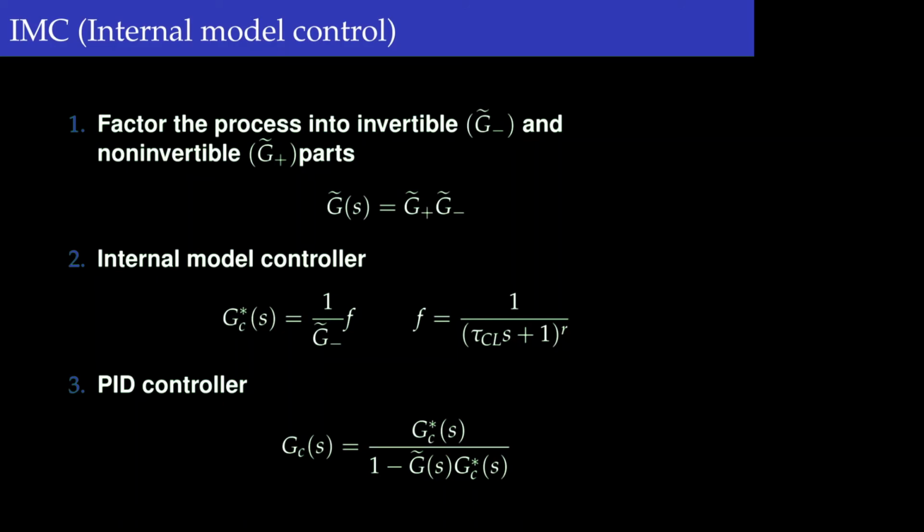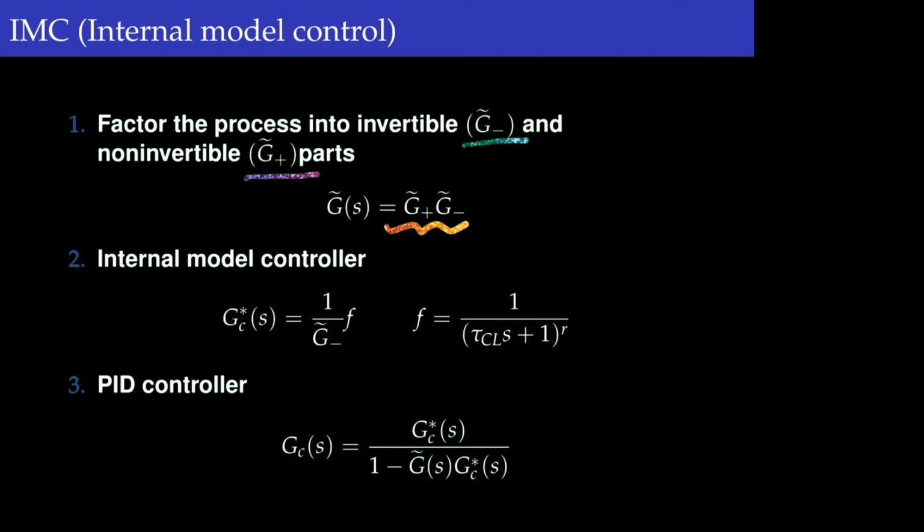We'll see later what it means in terms of open loop stable and open loop unstable processes. If you have an unstable zero and you invert that, you may get an unstable controller. So to avoid that, first the process model is divided into two components: one is the invertible and the other the non-invertible, where G negative is the invertible component and G positive is the non-invertible part.